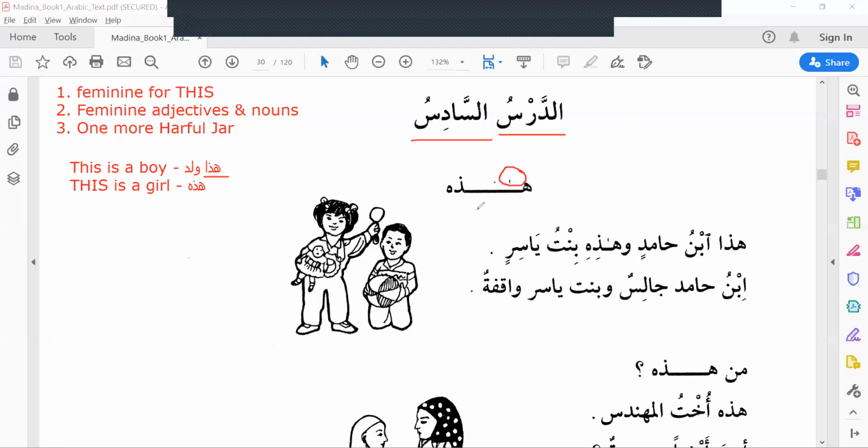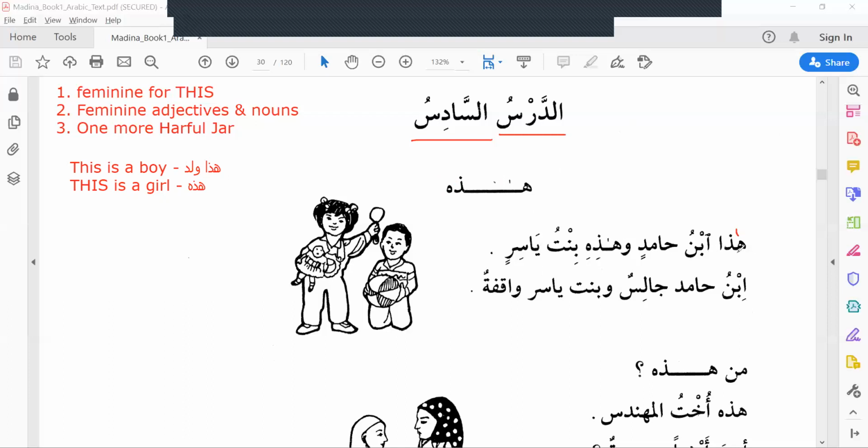If we want to point to something which is feminine, we use hadihi. We will write hadihi, but we put a hamza, alif fatha here. Similarly, hada also we will write one way, but read another way.